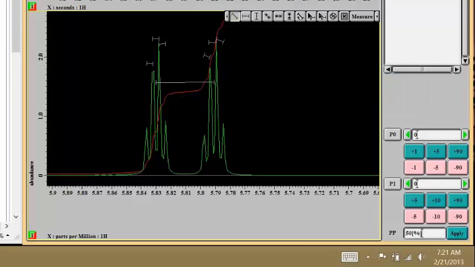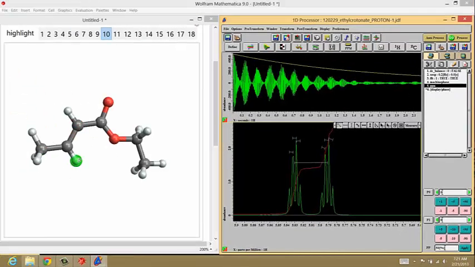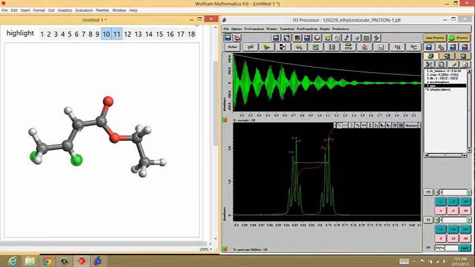So the splitting of this doublet, and that sort of makes sense. If we take a look at these two hydrogens, when this neighbor is talking to this atom, the splitting should be the same as if this neighbor is talking to this atom, because it's mirror images of one another.